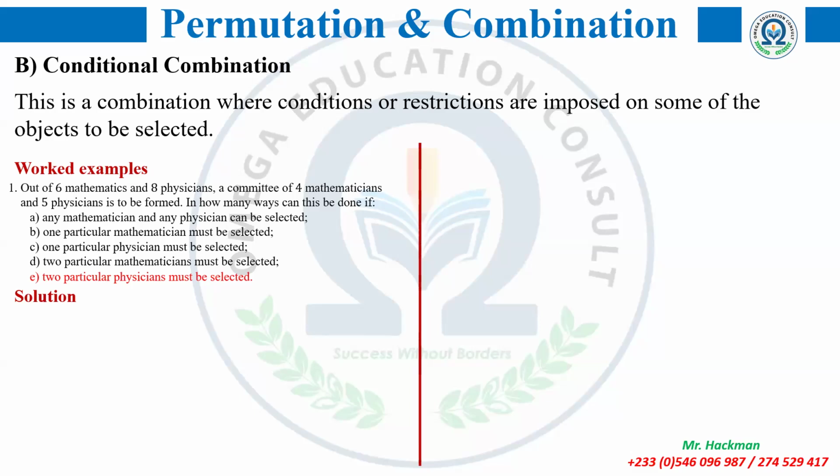We did this with permutation: restriction imposed on some of the objects to be selected and arranged. But here, some of the objects are to be selected, and we are not arranging. So let's look at the following worked example.